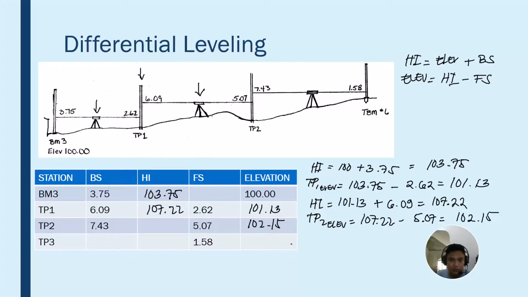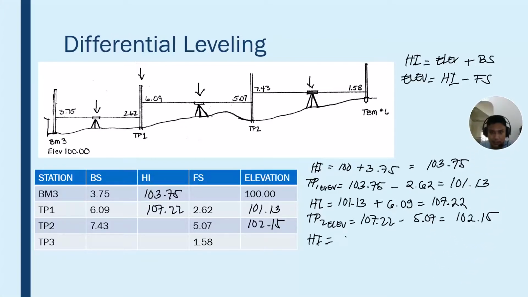107.22. Height of instrument for this location here, add again 102.15 to the backside reading of 7.43. So 102.15 plus 7.43, 109.58.